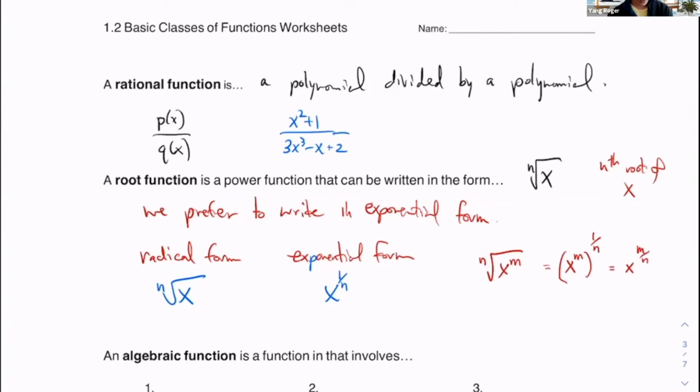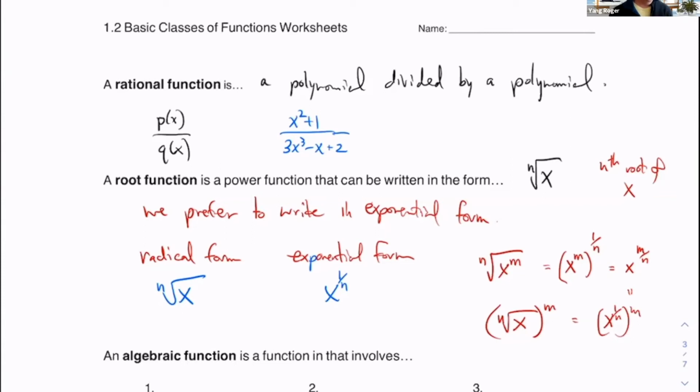If you wanted to, you could even write this as x to the 1 over n, all to the mth power. And you could write this as the nth root of x, all to the m power. So all these things are equal to each other, and I hope that doesn't confuse you.